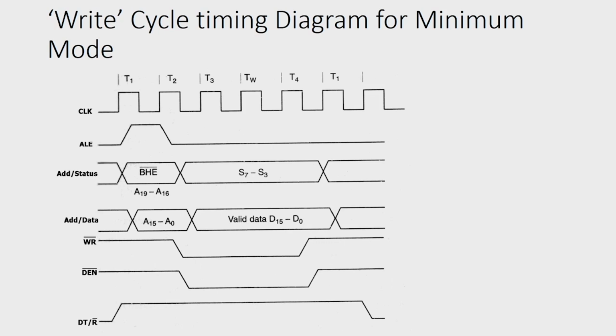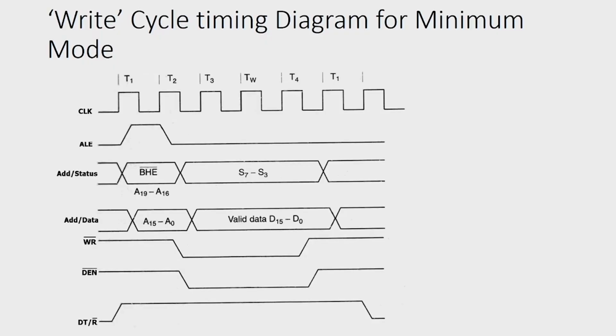Why? Because in the read operation the peripheral device is a slow device, so the microprocessor has to wait; it cannot directly read. In case of write, the microprocessor is sending some data to the transceiver. Because the microprocessor is a fast device, it will send immediately. That is why DEN bar goes low earlier in case of a write operation when compared with DEN bar of a read operation.